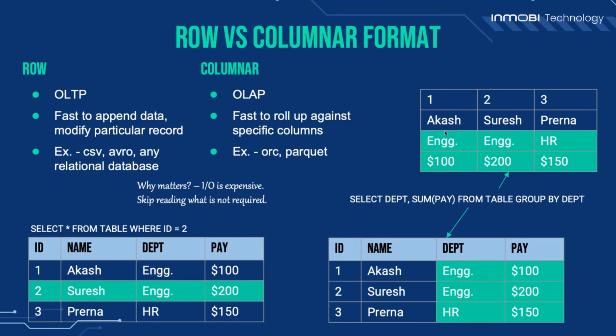CSV does not contain any header information, but Avro and other formats like Parquet and ORC store certain metadata about how their data is arranged, and thus they achieve a certain level of performance while reading the data. So the principle to gain performance in any world is to skip reading whenever it is not required.